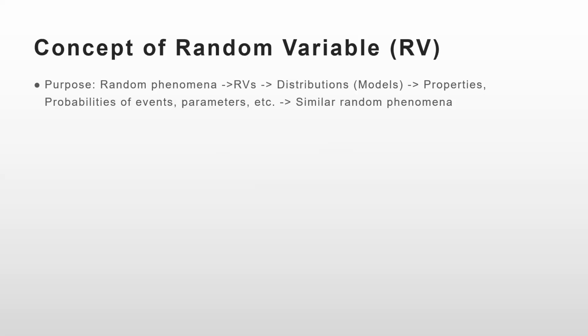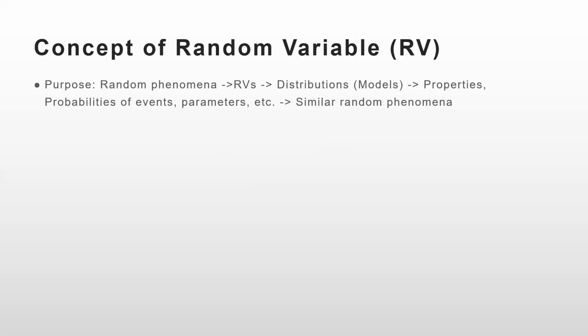And then we study the model, which in probability usually means distributions. And then we study the properties, try to find the probability of certain events, and then study the parameters, etc. Then we apply these properties and these tools to different similar random phenomena.